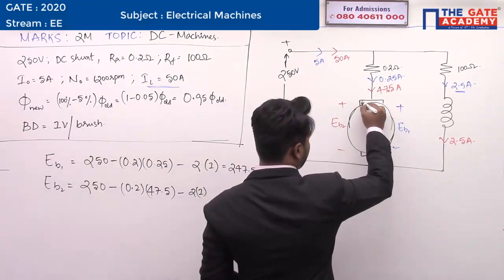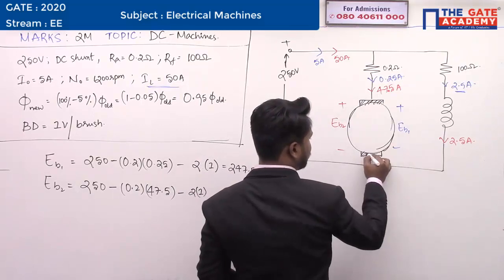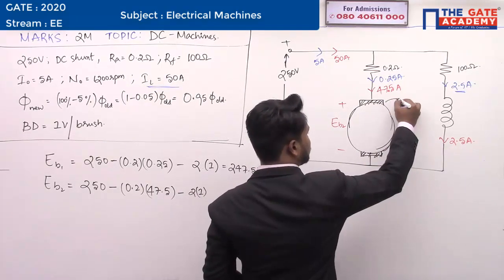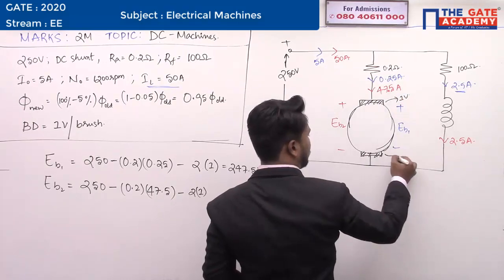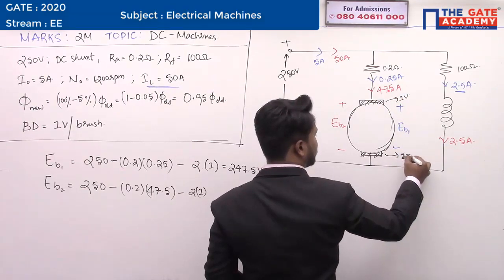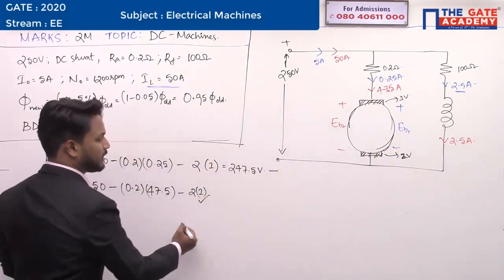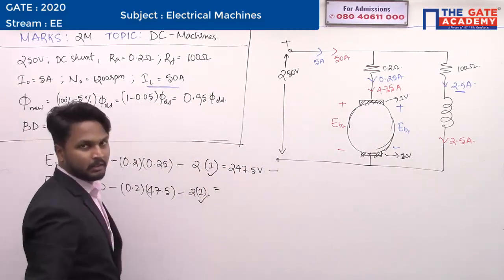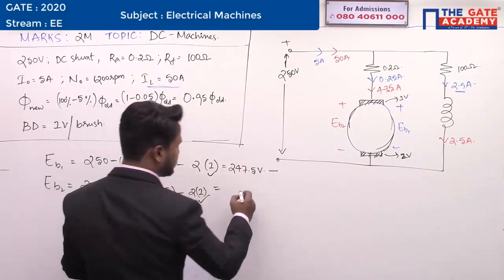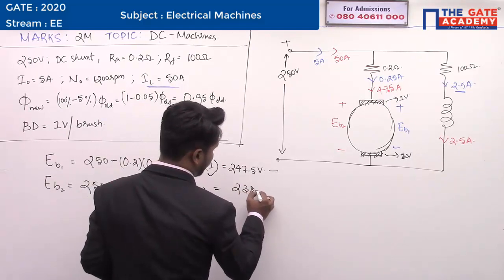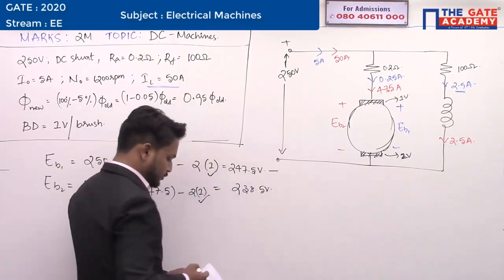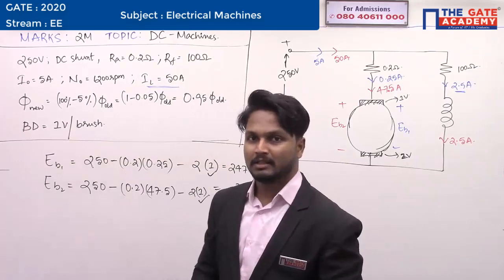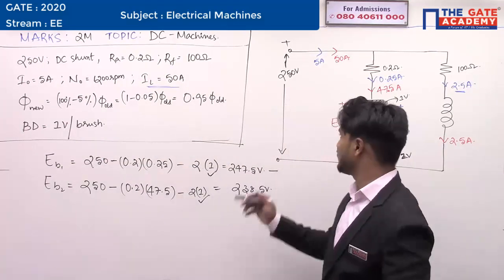This is one brush, let us say. This is one more brush. At each brush, 1 volt is the drop. Therefore, the total drop is 2 into 1 volt. That is the reason why I am writing it as 2 into 1. Right? This value, you are getting it as 238.5 volts.